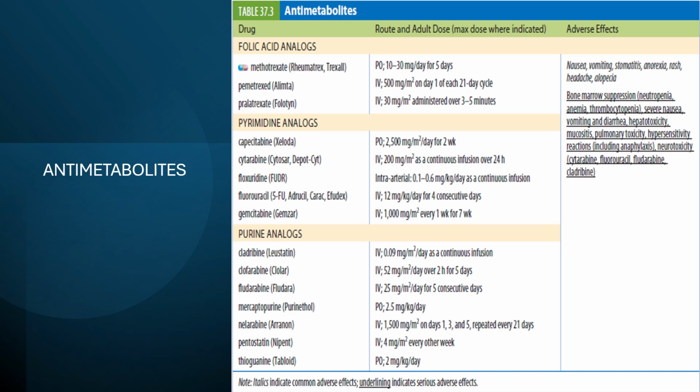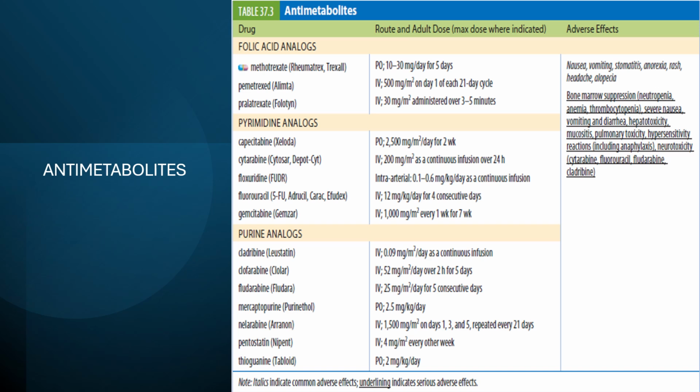Classes of antimetabolites are the folic acid analogs, the purine analogs, and the pyrimidine analogs. Bone marrow toxicity is the principal dose-limiting adverse effect of many drugs in this class.